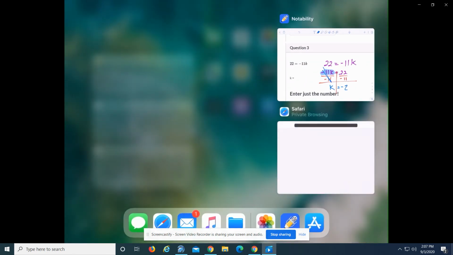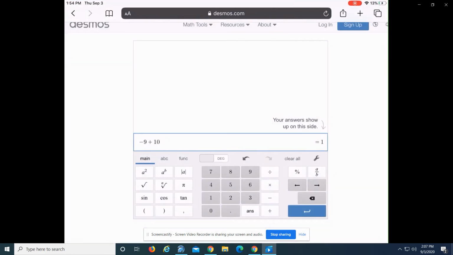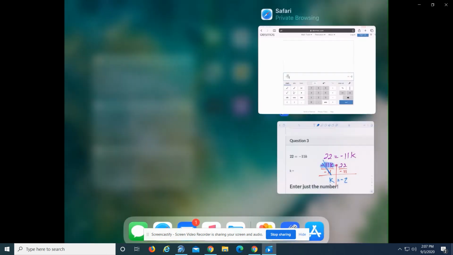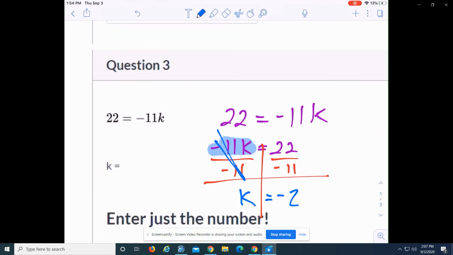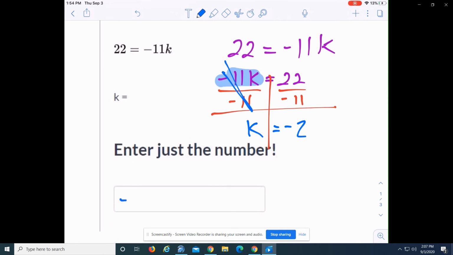If you're not confident about that, you can check it with the calculator. Negative 22 divided by negative 11. And it equals negative 2. And so then I enter in here negative 2. Do not put a space between the negative sign and the number 2.